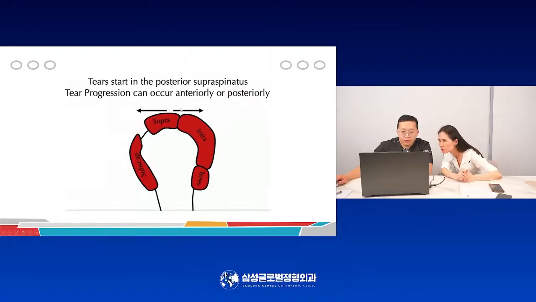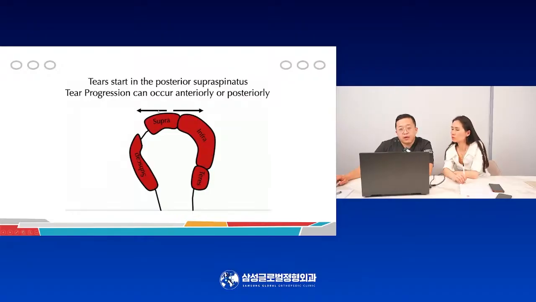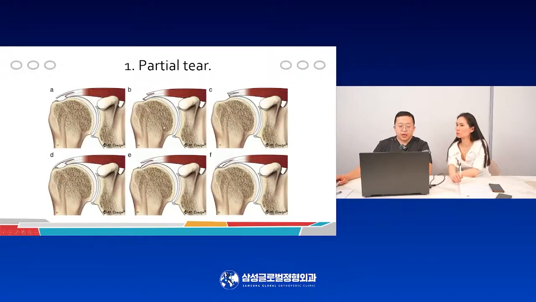In this anterior side or posterior side, the tendon tear can happen in one direction. So the most usual way is from the anterior side to the posterior side. This pattern is the most usual, but sometimes the tear goes from the posterior side to the anterior side. Sometimes it can also happen.